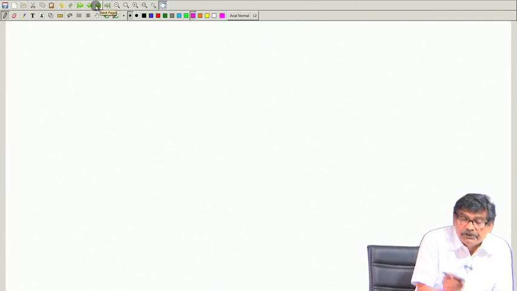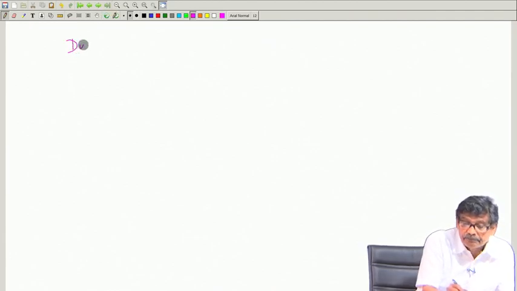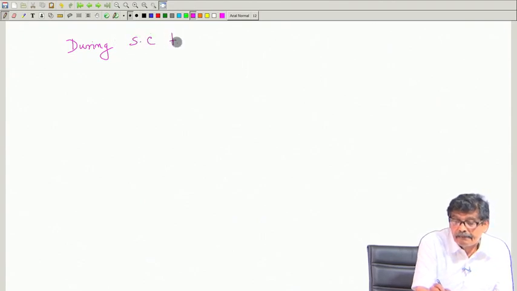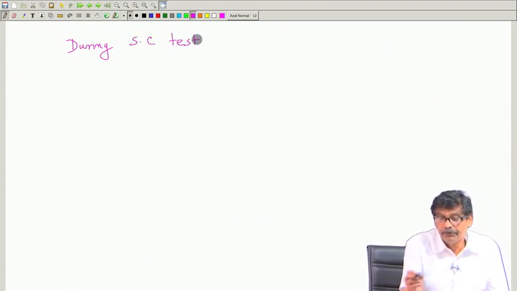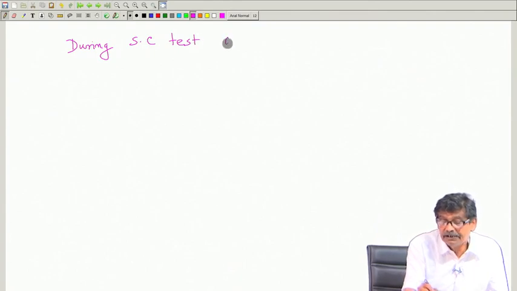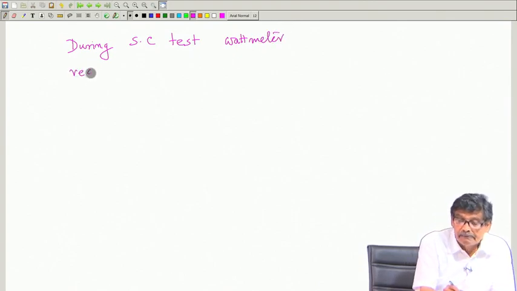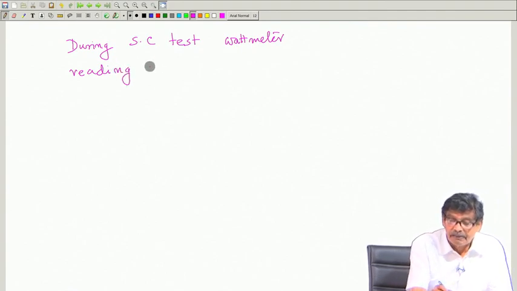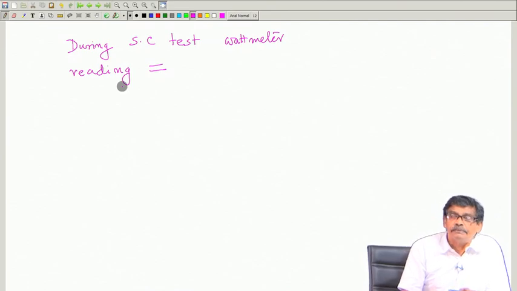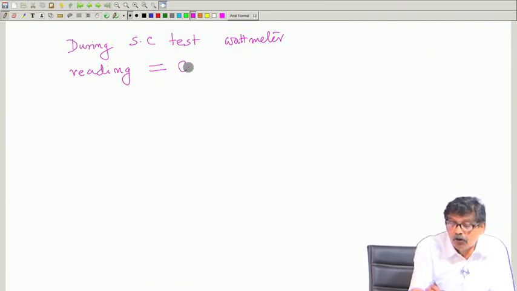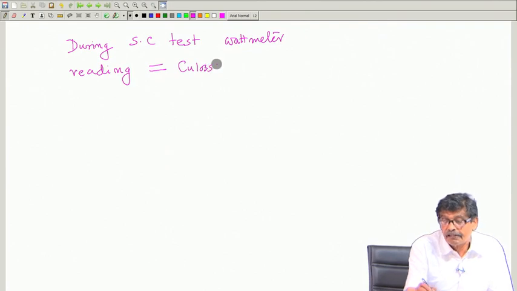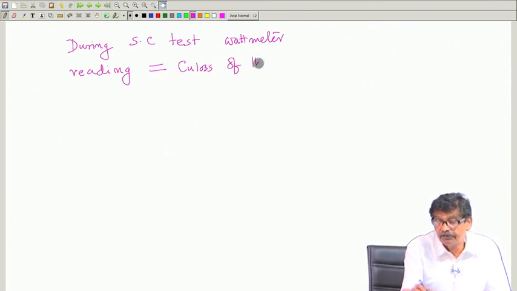For example, during short circuit test, we have noted that the wattmeter reading, what it was reading? It was reading the copper loss of the transformer, that is winding copper loss.